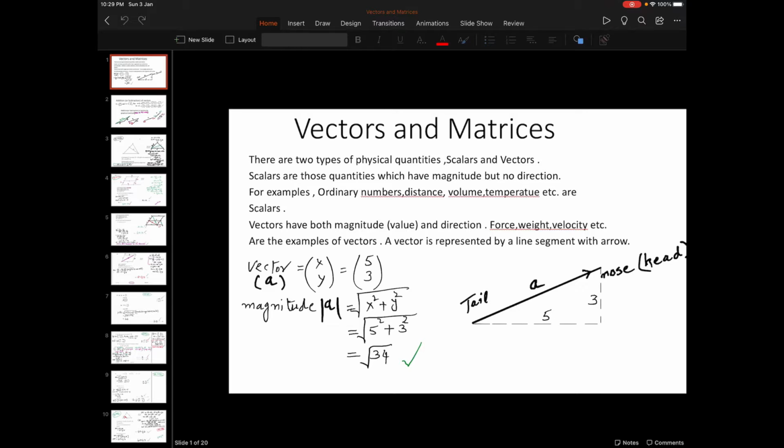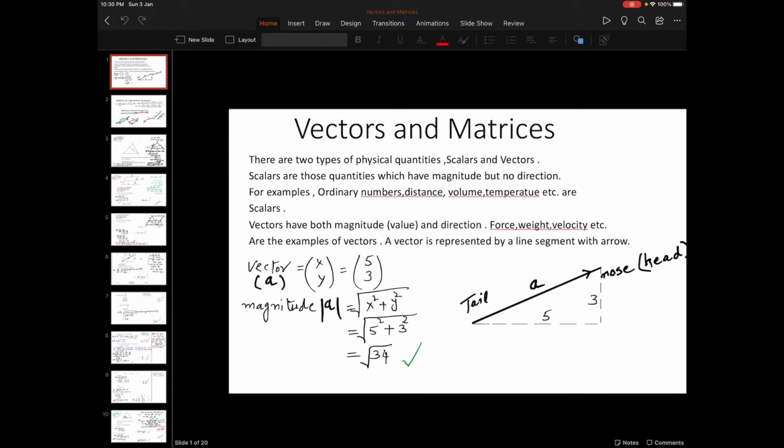So in order to find its magnitude, we can use this formula. Modulus A is equal to the square root of x square plus y square.